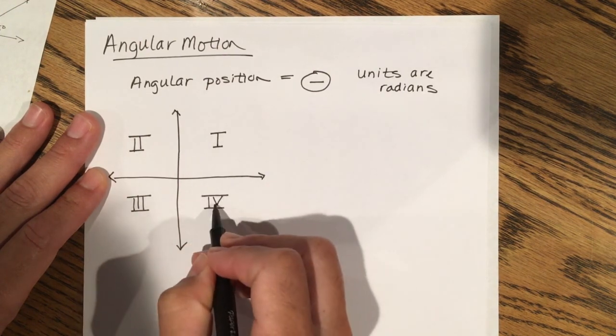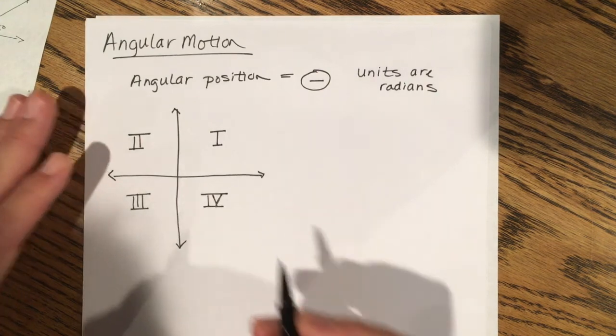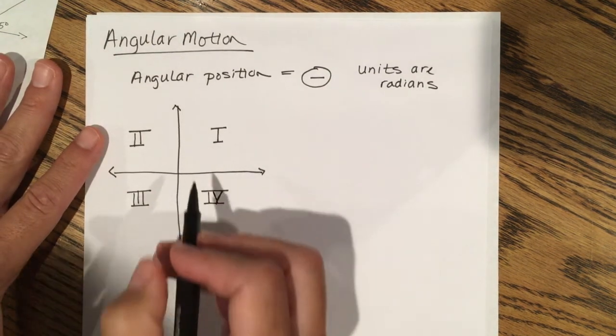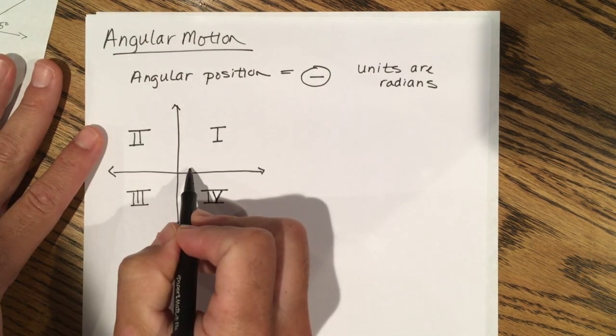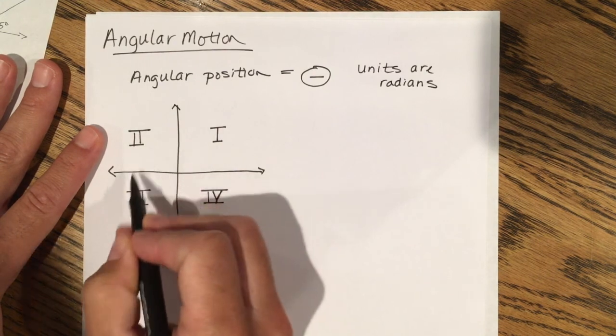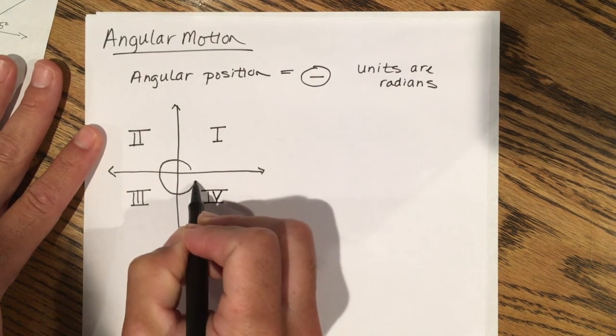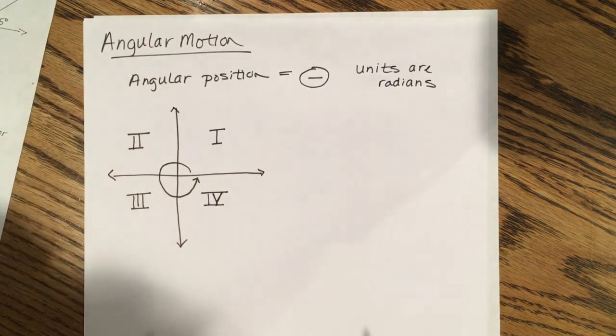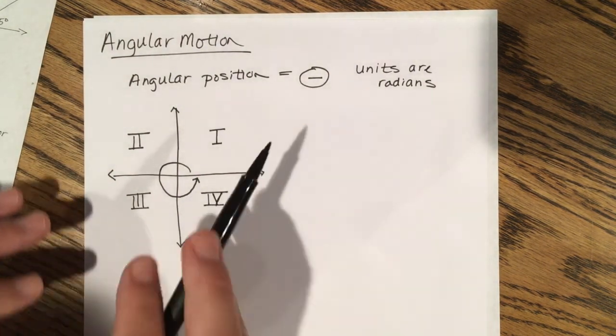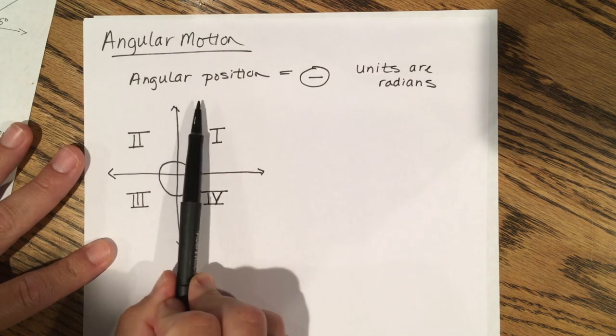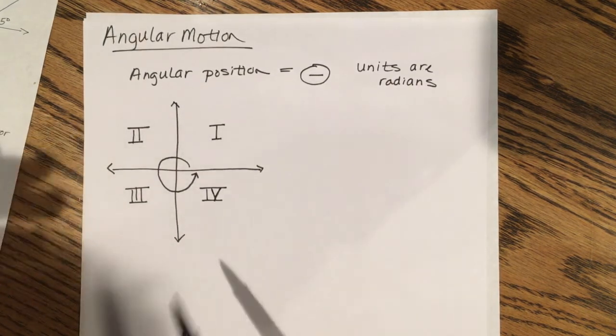The reason I'm bringing this up is the order these went in, 1, 2, 3, 4. This direction is counterclockwise, because on a clock it's 12 here, 1, 2. This is counterclockwise. Okay, I think everybody knows that.